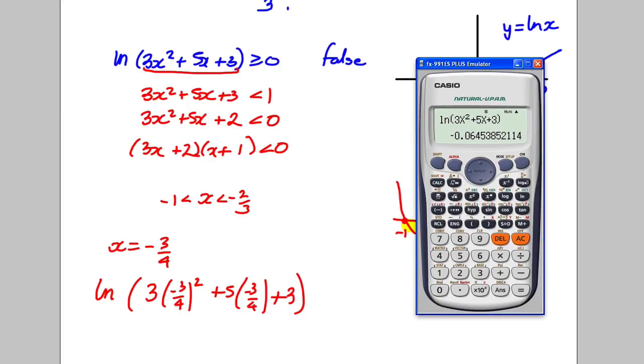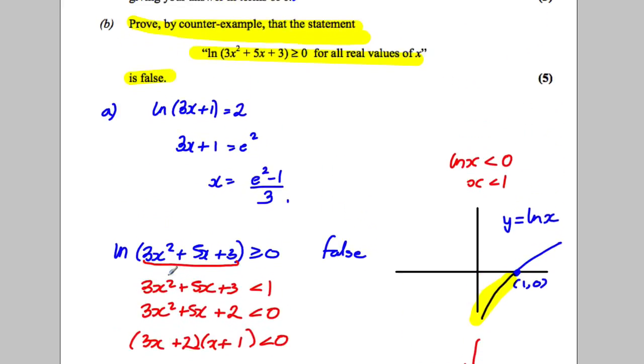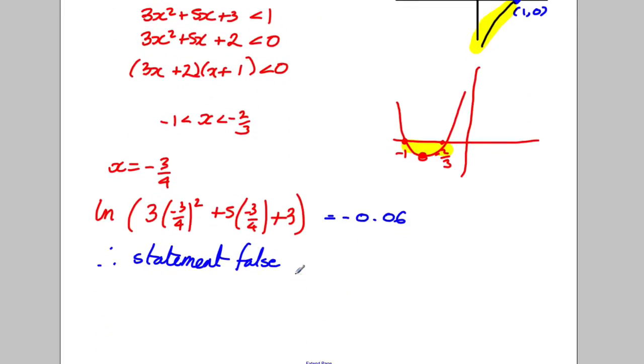Therefore the statement is false, because the statement said that this was always bigger than or equal to 0, and we found an x where it's actually less than 0, so the statement is false.